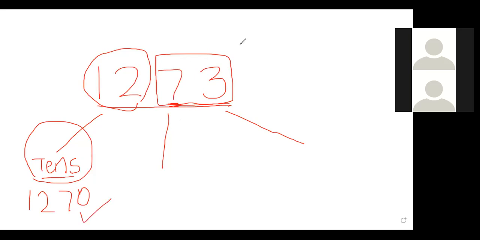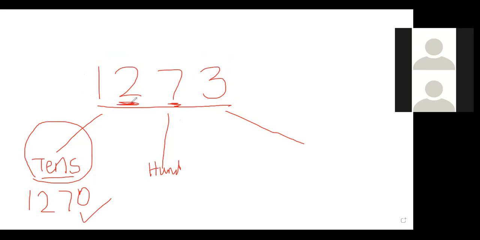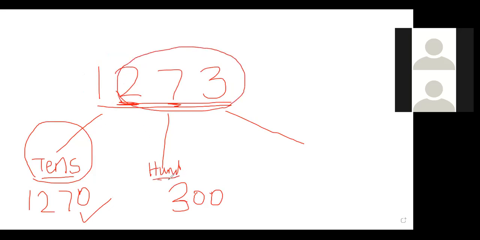If the question says, round off 1,273 to the nearest hundreds, then you look at the hundreds. It's 273. So 273 will round off to 300. Yes or not? This 273 to the nearest hundreds would be 300. And you keep that 1,000. Do you understand?